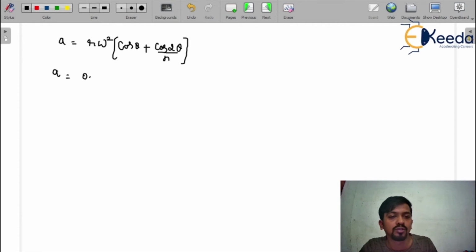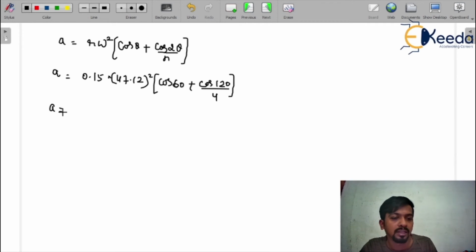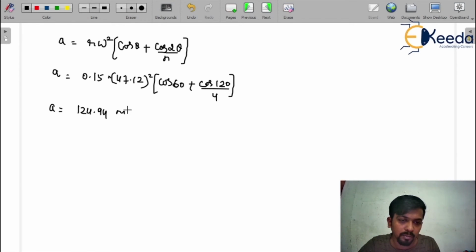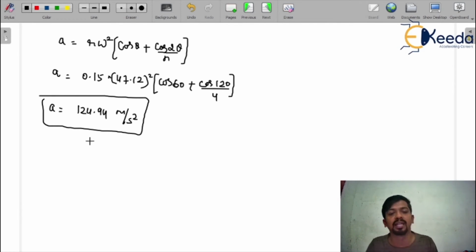So a is equal to 0.15 multiplied by 47.12 whole square, times cos 60 degree plus cos 120 degree upon n, which is 4. When you solve these equations, the acceleration comes out to be 124.94 meter per second square. That would be the acceleration of the slider. So we have solved the first part of the question.